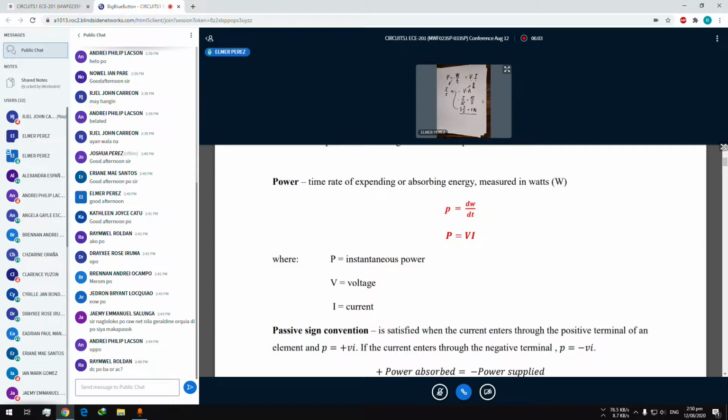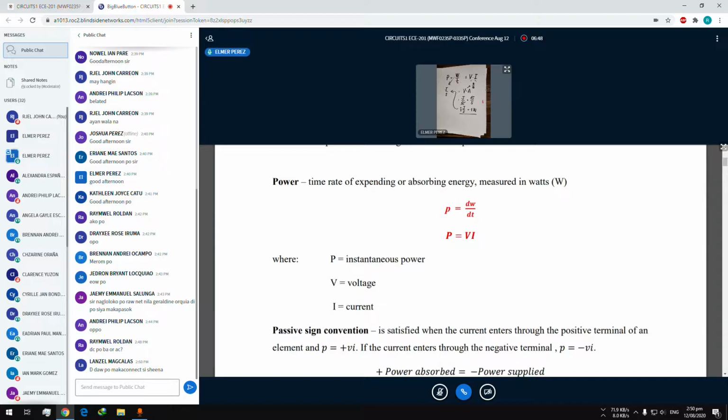But for vectors, vectors with magnitude and direction. General. Hindi makakonect si Sheena. It's Raimwell, it's general.